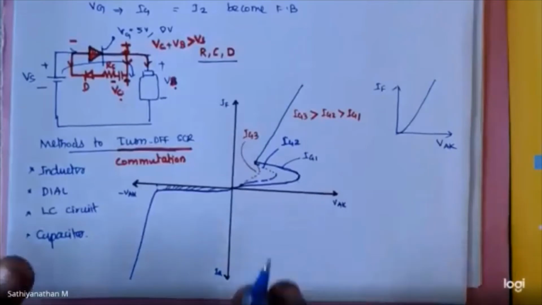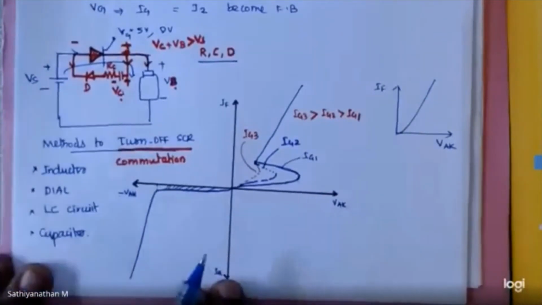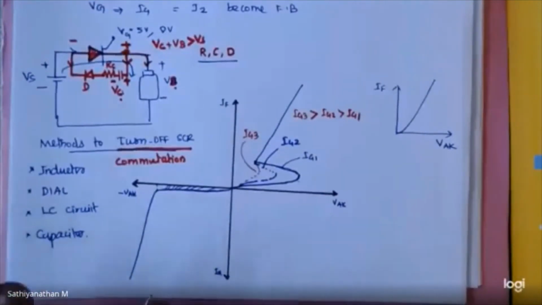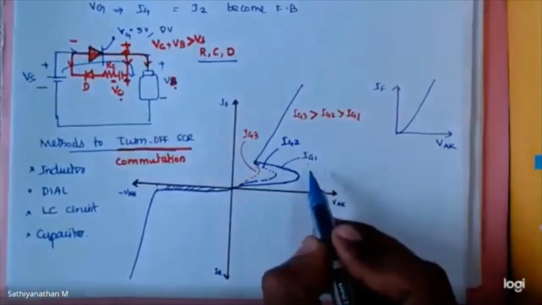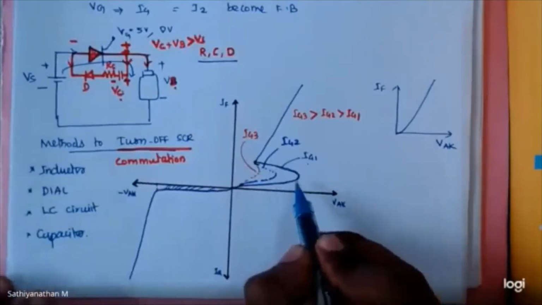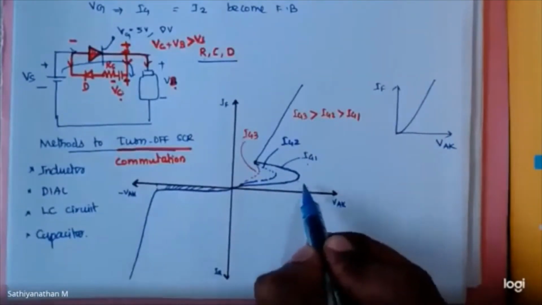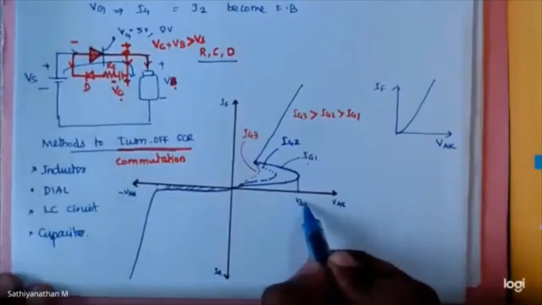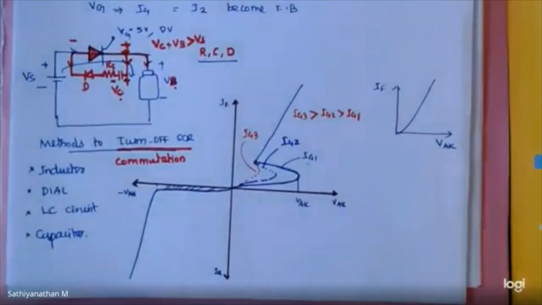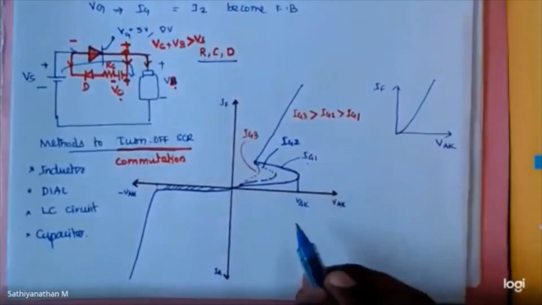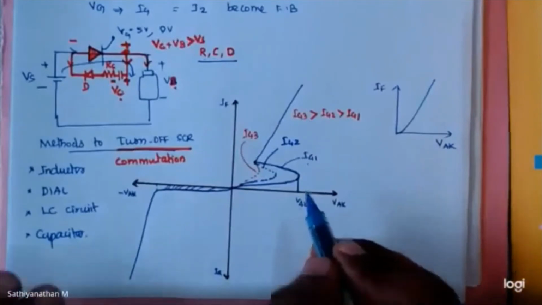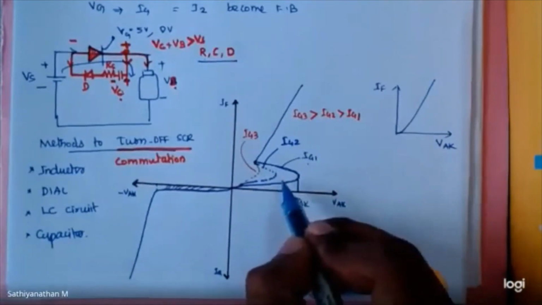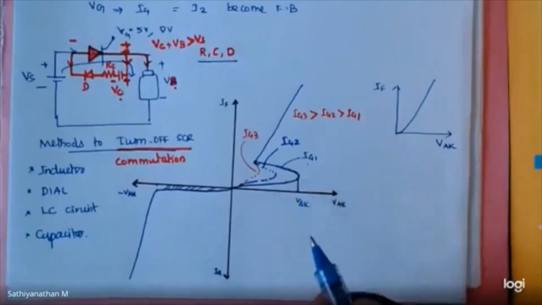The thing is, the gate current which we are applying will alter the on and off time period. So if you have a low enough gate current, the device will turn on for the same voltage VAK, right? This is the forward breakover voltage of the device, but we are able to alter the quick turn on process of the device.